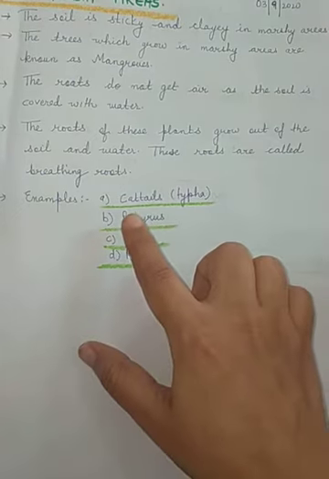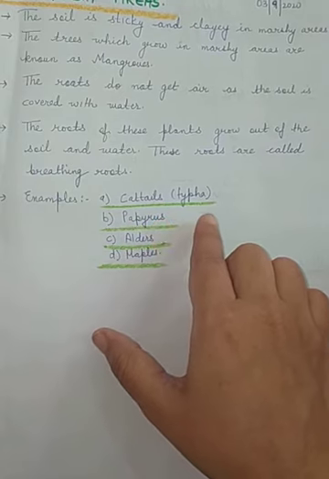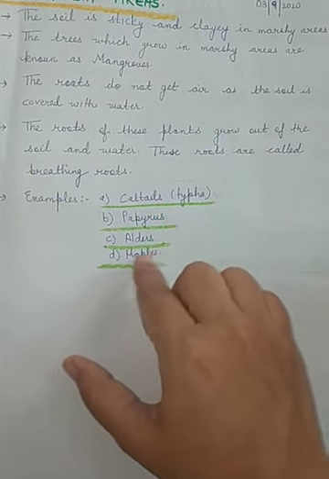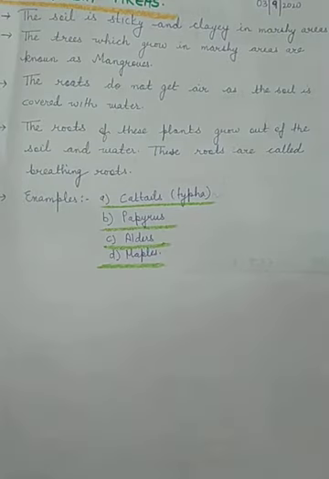Examples are cattails, also known as typha, then papyrus, alders, and maples. I will show you some examples of these trees. First, you will see the picture of breathing roots.